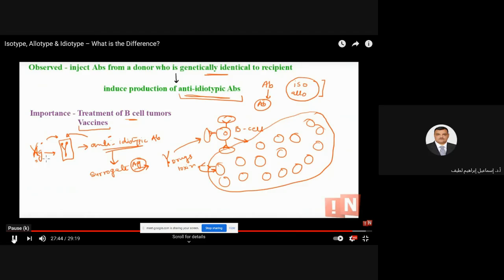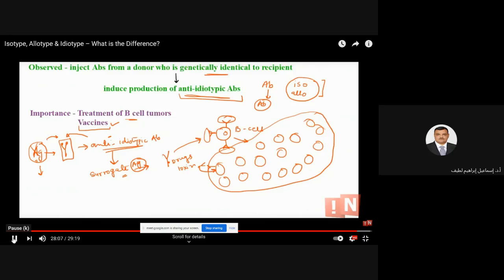Now, why would I want to do this? In a scenario where the antigen is way too difficult, dangerous, or toxic to be used as a vaccine. In that case, it is possible to produce an anti-idiotypic antibody that could act as a surrogate antigen. So that's how idiotypes can be useful in vaccine production.